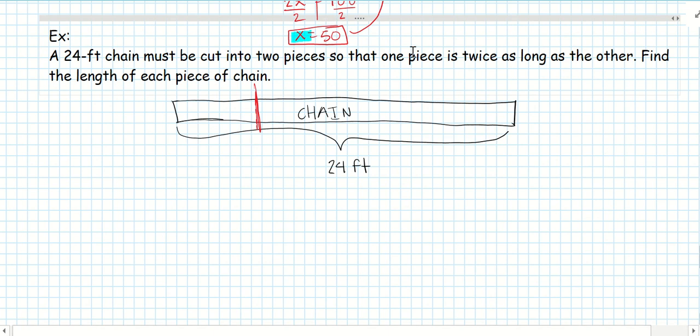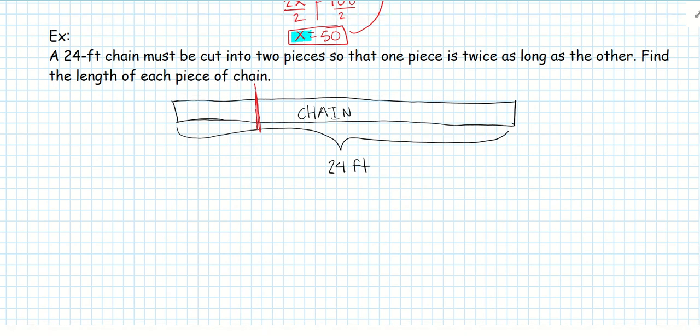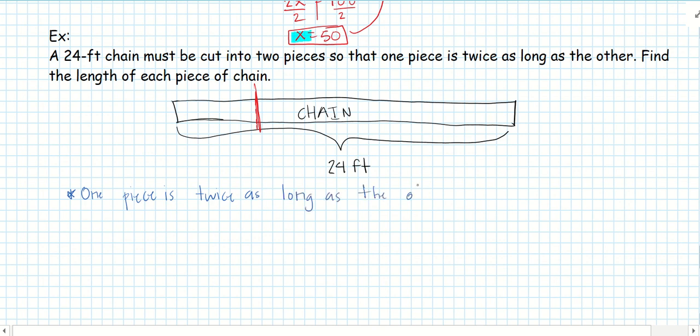Let's go ahead and write that in a sentence, in simpler words. So I will say one piece is twice as long as the other piece.